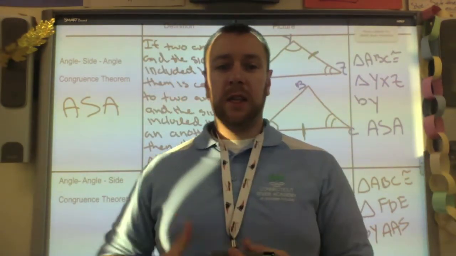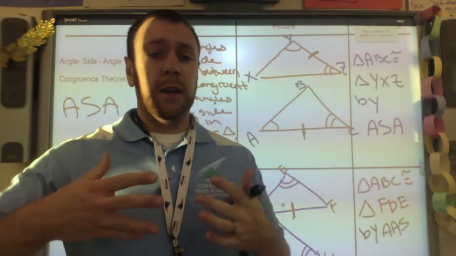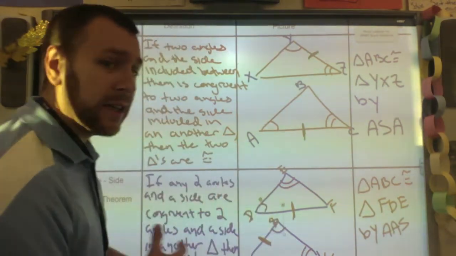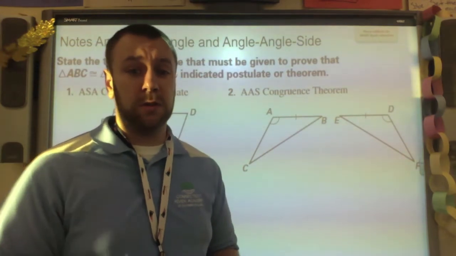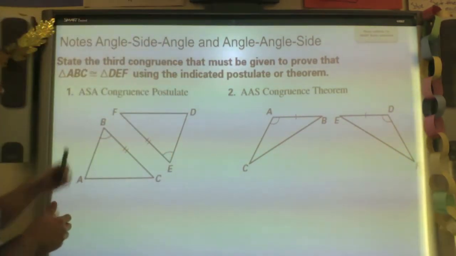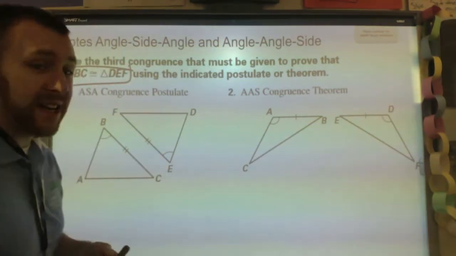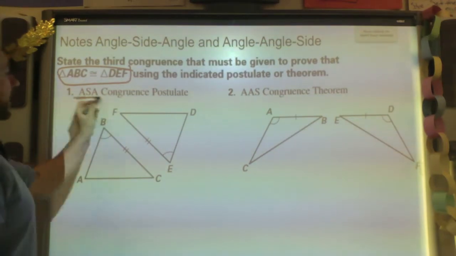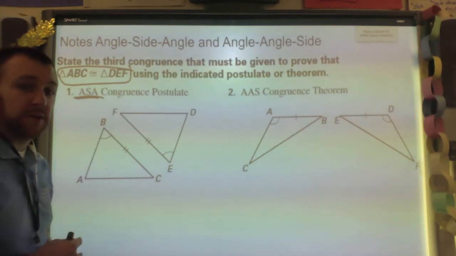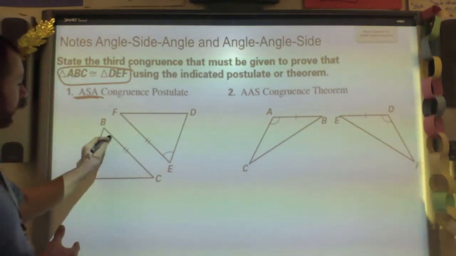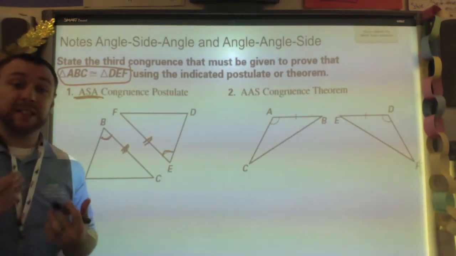So a lot of this is just getting the correct order and making sure that you have all the sides marked. To get a little practice with this, I gave you two things in the congruence theorem. These two triangles are congruent, and we know they're congruent by angle, side, angle. So you have to fill in the extra information. I've already filled in an angle, and these two tick marks are the side.